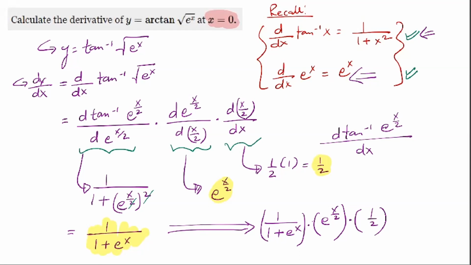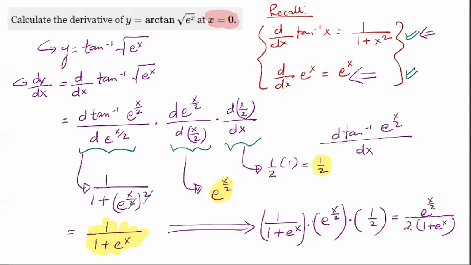So you could write this as 1 over 2 e to the power x over 2 and 2 times 1 over e to the power x in the denominator. So you could erase 1 and just write e to the power x over 2 over 2 times 1 plus e to the power x.